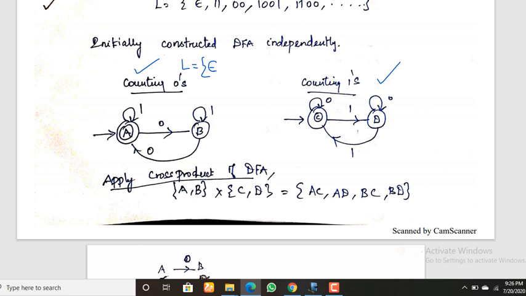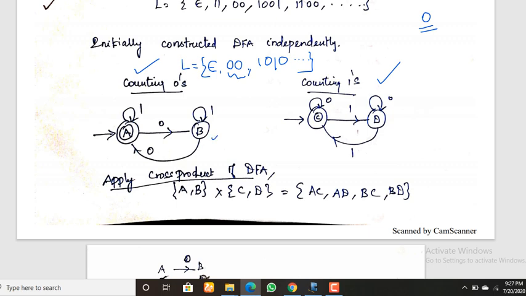Even number means zero occurrences are also included, so epsilon, then 00 is accepted, then 1010 is accepted, and numbers of zeros 2, 4, 6 are also included in the language. So definitely it is an infinite language. Based on this language, we draw the DFA.